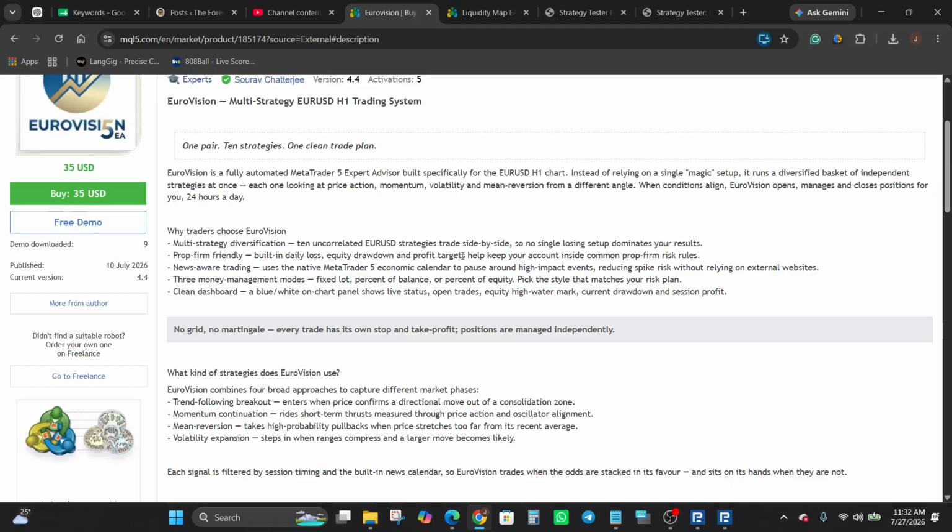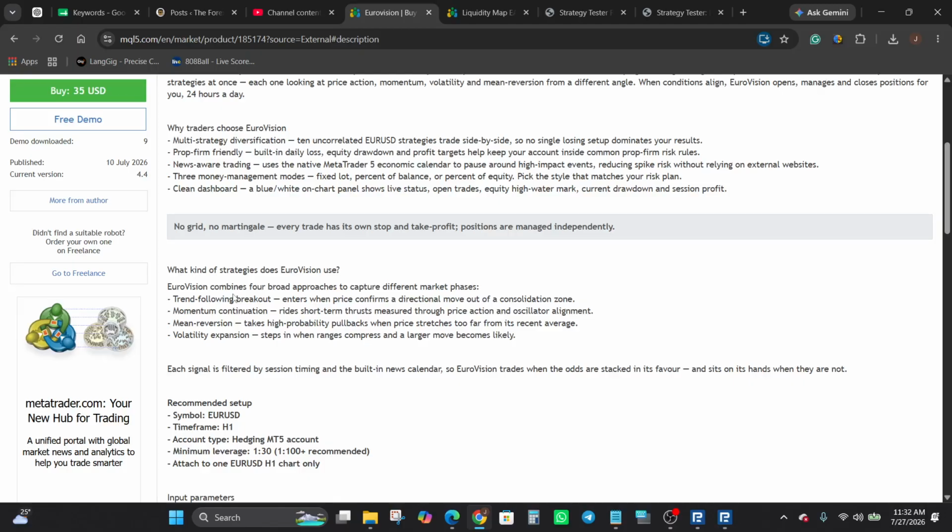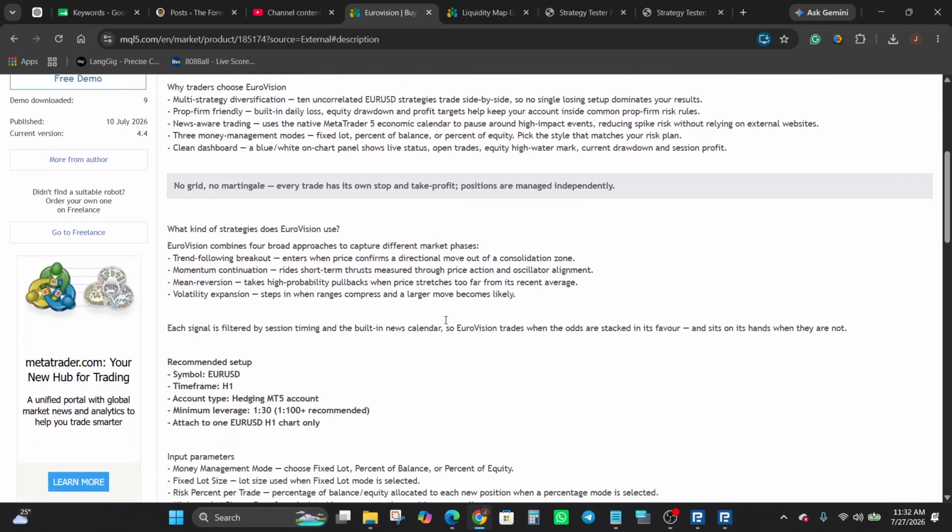There are 3 money management modes to choose from, and they include the fixed lot, the percent of balance or percent of equity.